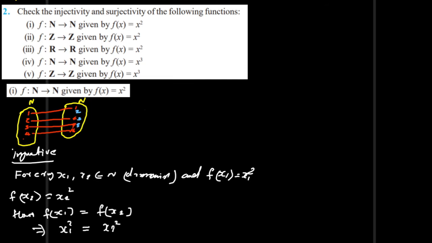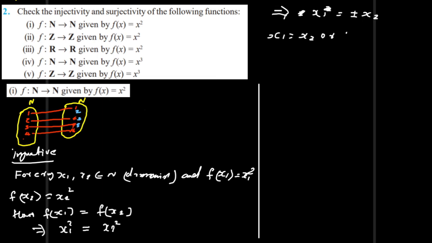Then you take the root. This implies x1 is equal to plus or minus x2. That means we can take x1 equal to x2, or x1 equal to minus x2.